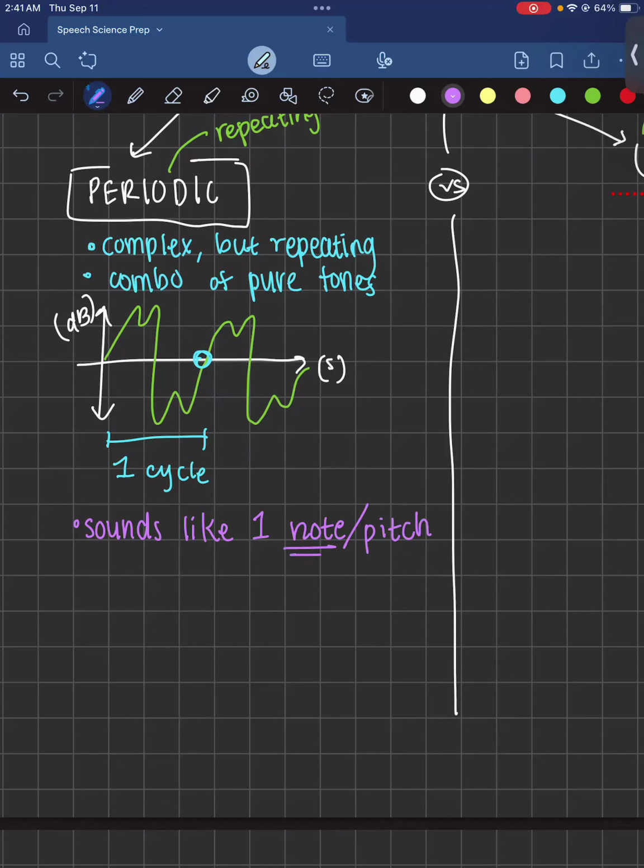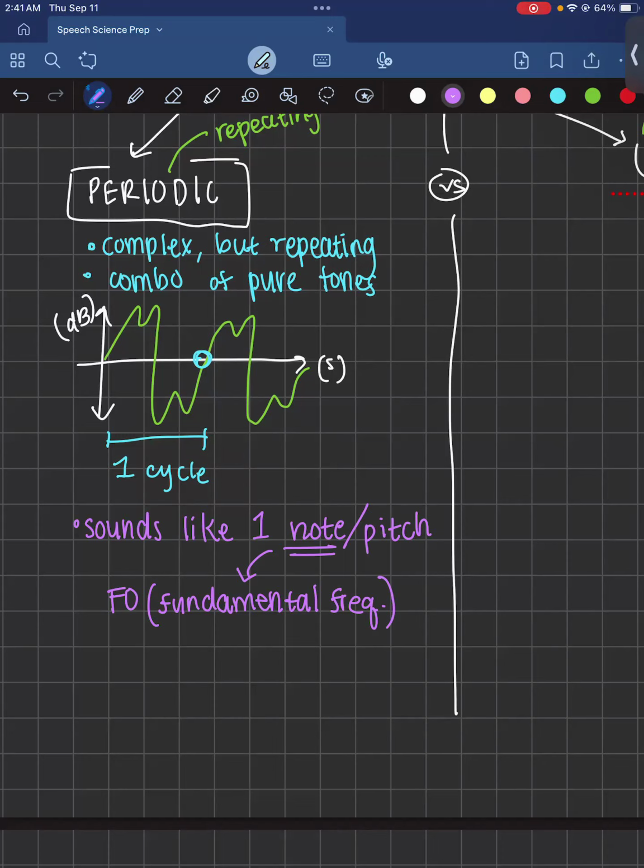So what is the note that we hear? This is called the fundamental frequency, or F naught, and you should know this. This is something we'll also talk about more when we do our prop tutorial later on in this course.